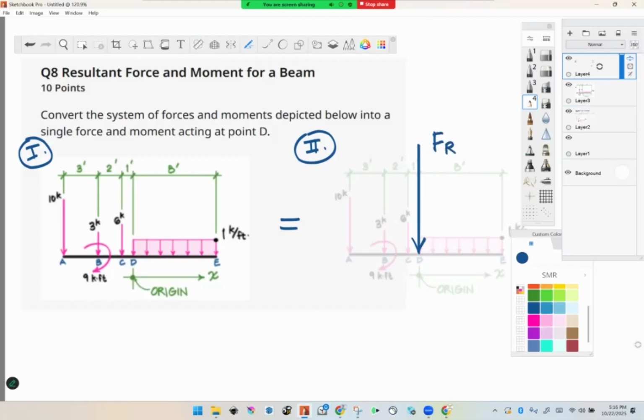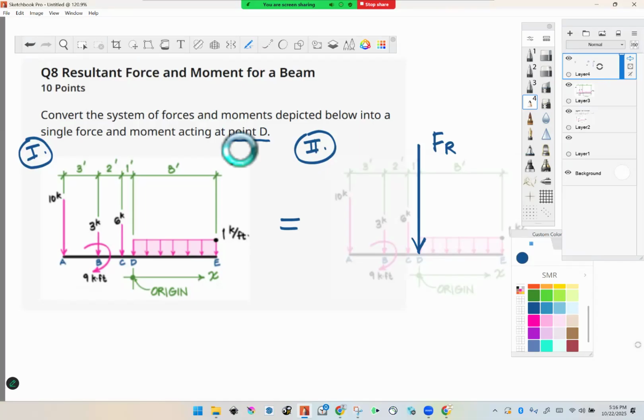If there were some X components, I'd have to take that into account. But here everything's downward, so the resultant force has to also be downward. And it prescribes a location, point D, so I'm going to need a moment there.